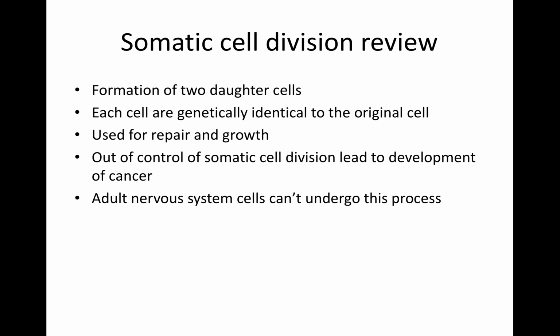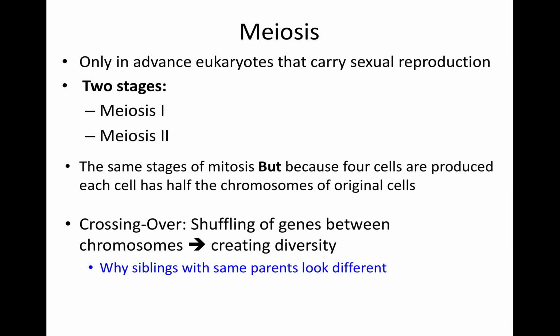And interestingly or sadly, adult nervous system cells cannot undergo this process, and therefore damage that happens to your nervous system and your neurons will be permanent. And that has to do with a structure called growth factors.